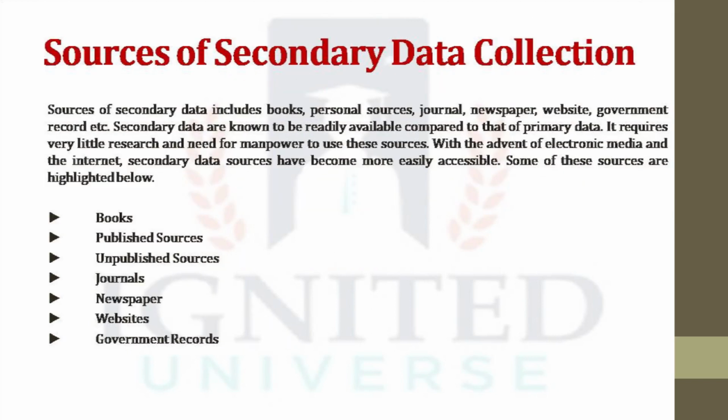With these techniques of primary data collection, we are moving on to sources of secondary data collection. Majorly, secondary data collection sources can be divided into internal sources and external sources.